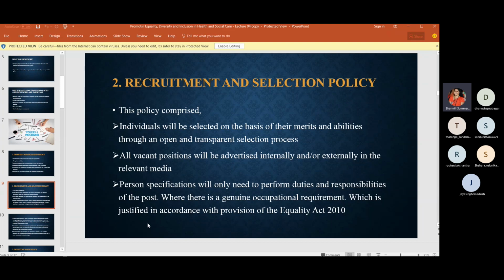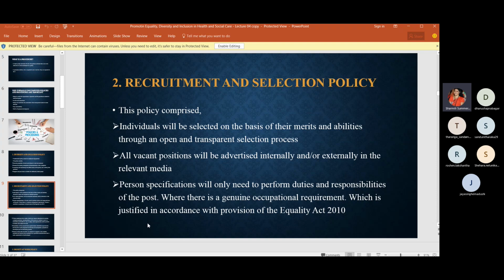So not one person can select the particular person. If the person has any recommendations, he can't take the whole decision. If he is going to select that particular person, he needs to tell the other panel members what the good qualities are and why he is choosing that individual for that position. So it is an open and transparent selection process.